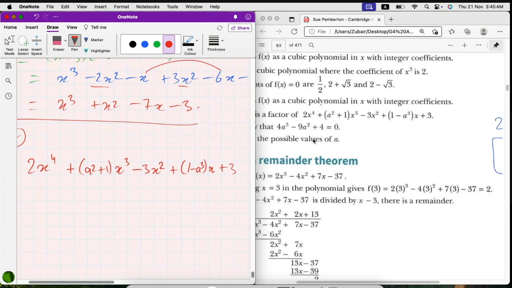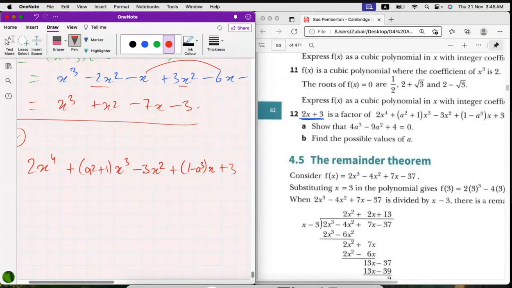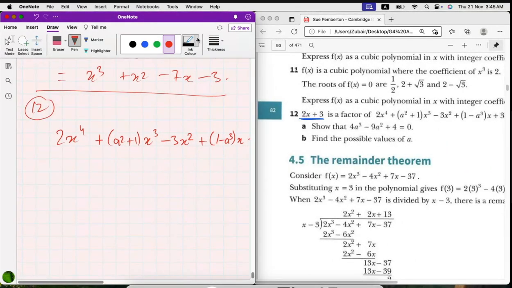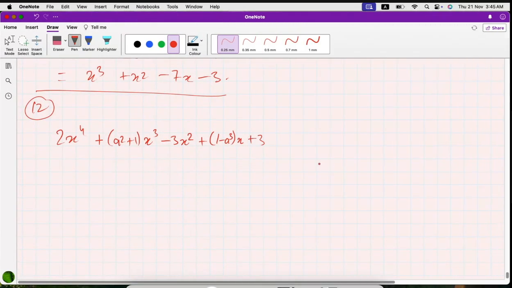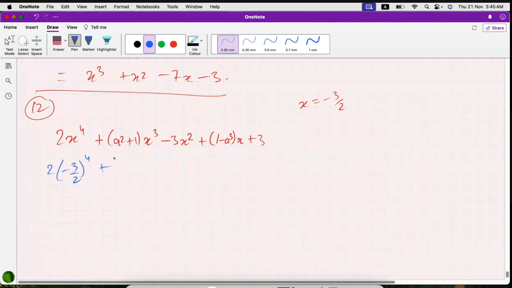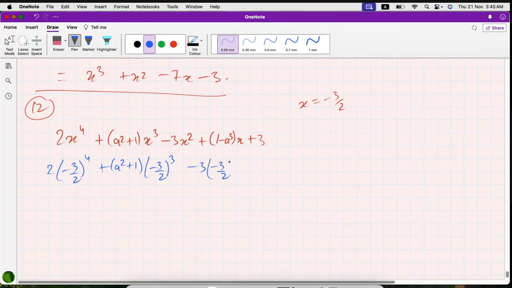Now we just said that x is equal to minus 3 by 2. So 2 into (minus 3 by 2) raised to power 4 plus (a square plus 1) into (minus 3 by 2) cube minus 3 into (minus 3 by 2) squared plus (1 minus a cube) into (minus 3 by 2) plus 3 equals 0.